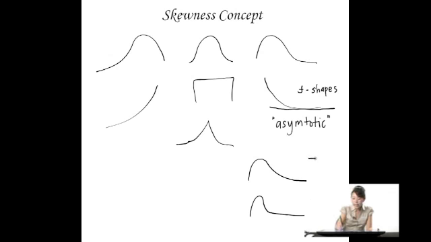If the number is positive, it'll mean that the tail is on the right. If the number is negative, it'll tell us that the tail is on the left. And the greater the positive number, the more skewed on the right. Normal distributions often have zero skew. So things that are symmetrical often have zero skew.